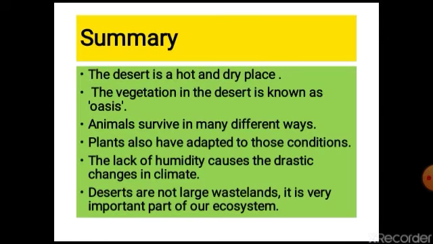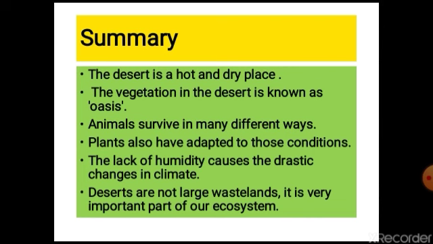Let's do a quick summary of the things that we have learned. The desert is a hot and dry place. The vegetation in the desert is known as oasis. Animals survive in many different ways, like the camel, and small animals also survive. Plants have also adapted to these harsh conditions, and the lack of humidity causes drastic changes in climate.